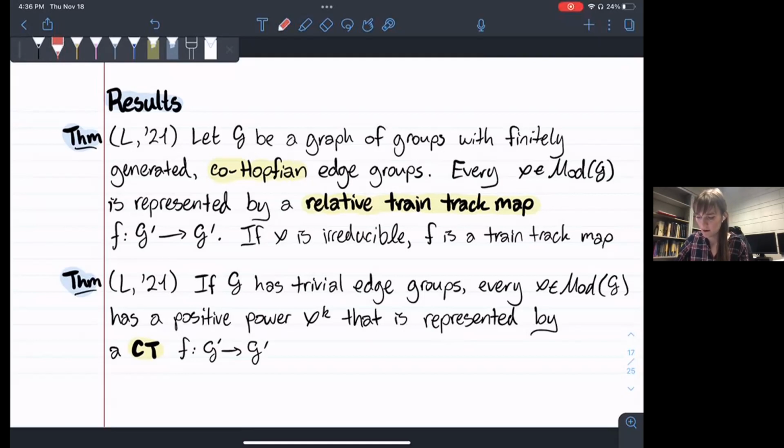So this is one hypothesis that you could have. Another hypothesis, so I'll say two, is that your vertex groups are finitely generated, and your edge groups have finite index in the incident vertex groups.